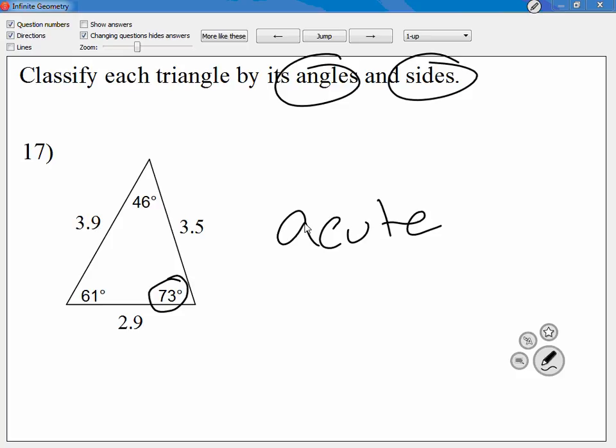For the sides, in number 17 my sides are all different. What do we call it when all the sides are different? Scalene. So it's acute scalene. Acute for the angles, scalene for the sides. So I'm looking for two names. Any questions up until 20?